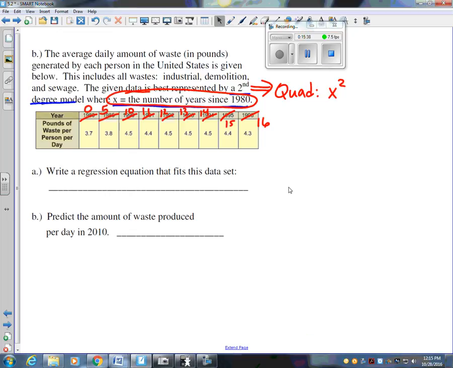Okay, so you got to fill in the formula. So the equation is y equals negative 0.004 x squared, plus this one rounds to 0.12 x, plus 3.593 is your c value.